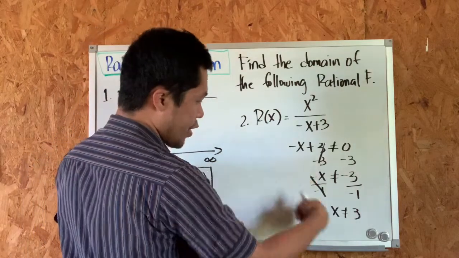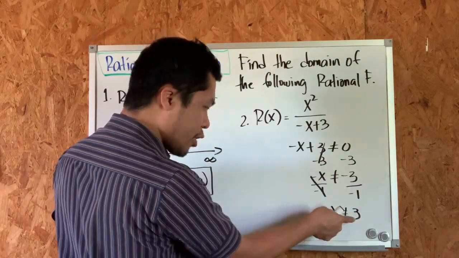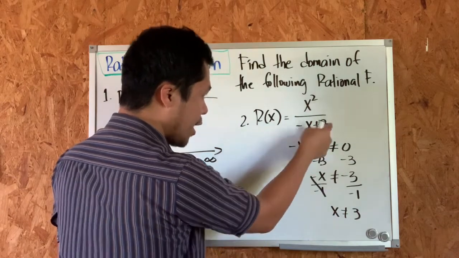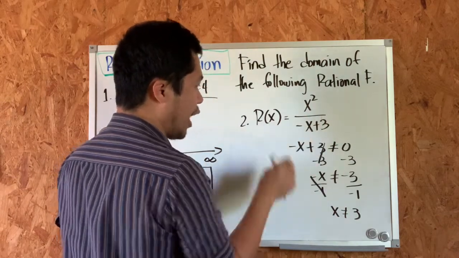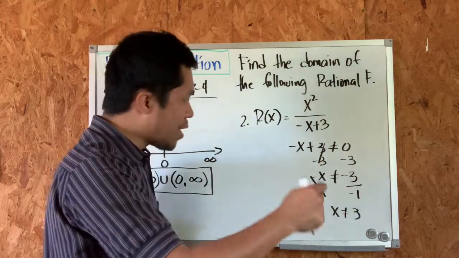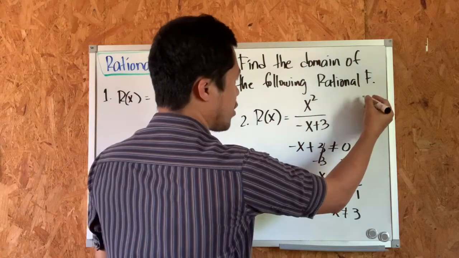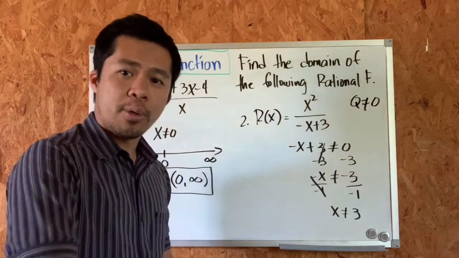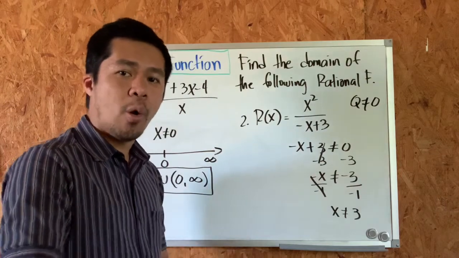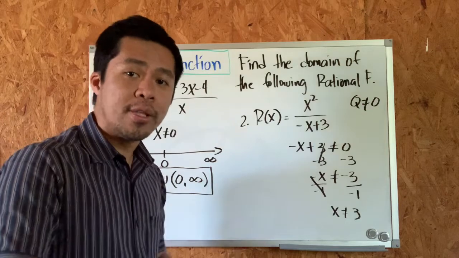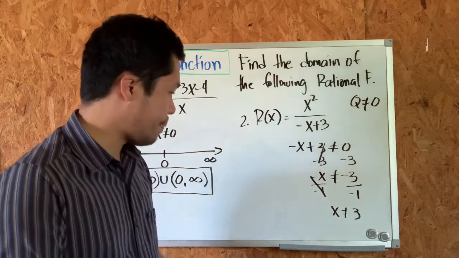If I substitute x by 3, this will make the denominator equal to 0, and that's not allowed. If you remember the definition, our q cannot be equal to 0. So what we're trying to do here is identify those numbers that will make the denominator 0 and exclude them.